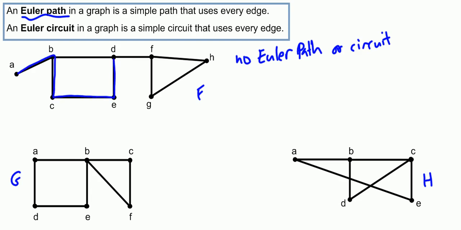If you decided to go this way, you would get stuck at the vertex B. And if we look a little bit more closely at vertex B, it has a degree of 3. You have 1, 2, 3 edges incident with B. If they came in pairs, every way in would provide a way out. But you had this last edge here that provided a way in but not a way out. And we're going to be able to use that strategy to help us find Euler circuits.